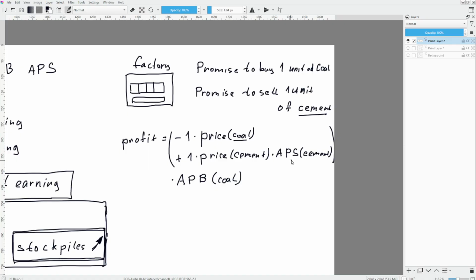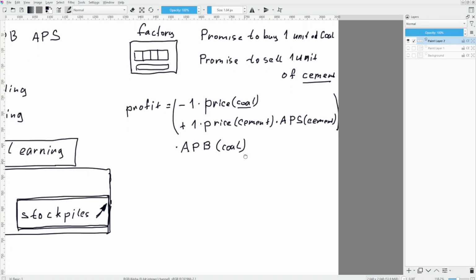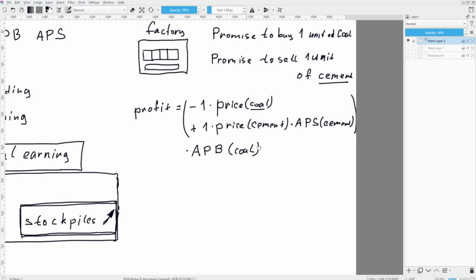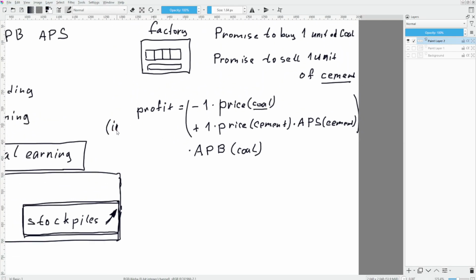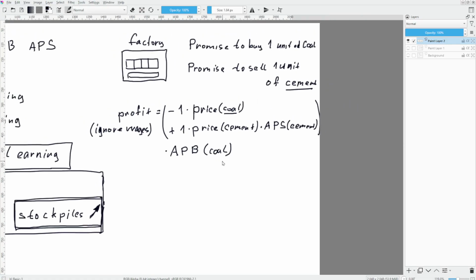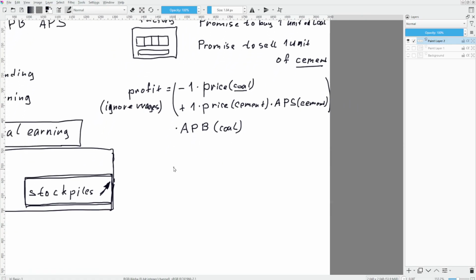Workers have wages, and it is again another topic. Profit ignoring wages, it's possible that profit could be lower than 0.